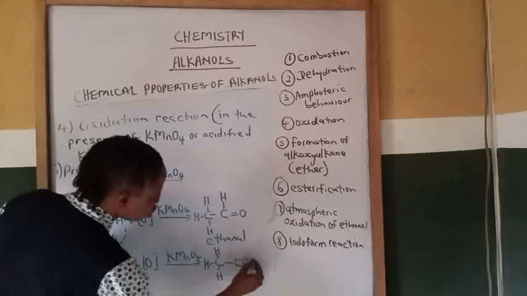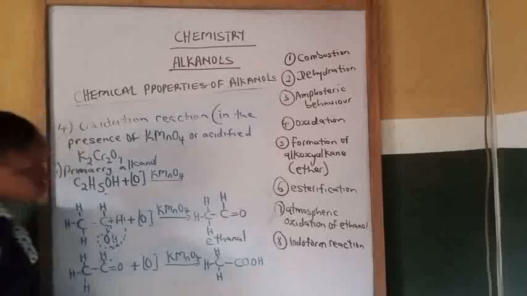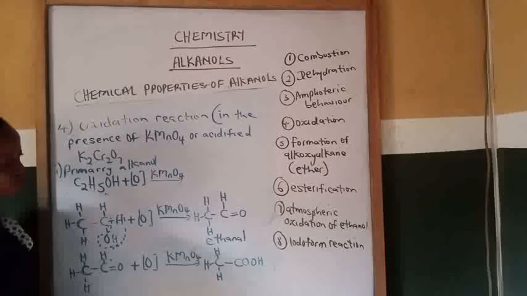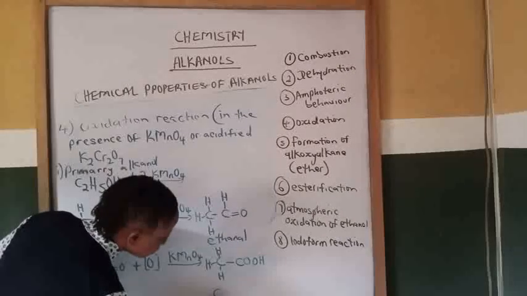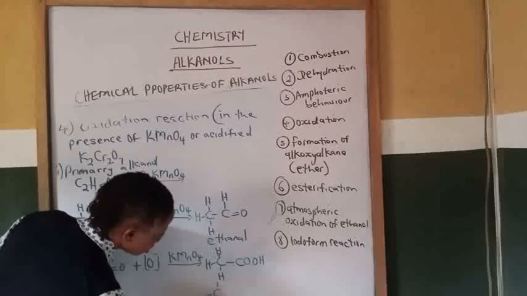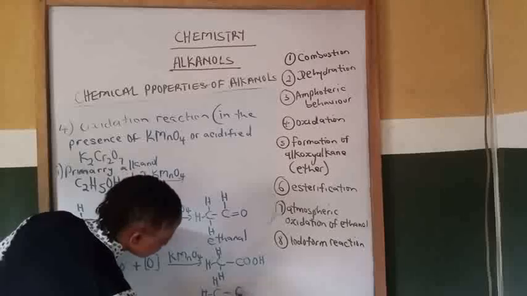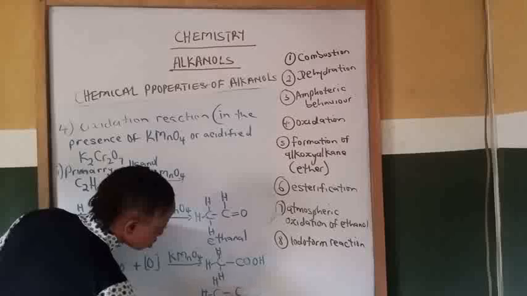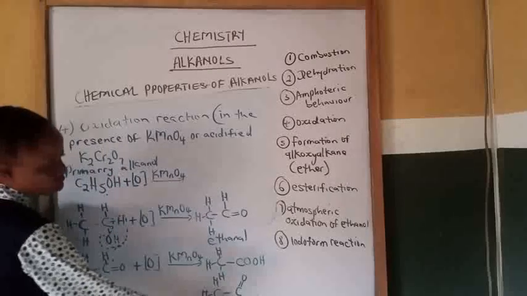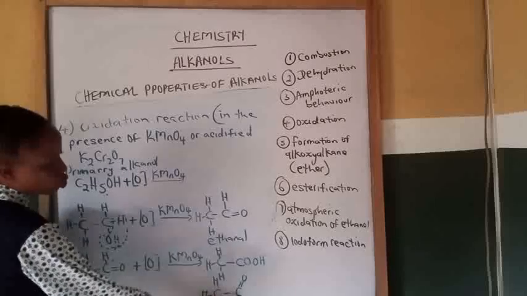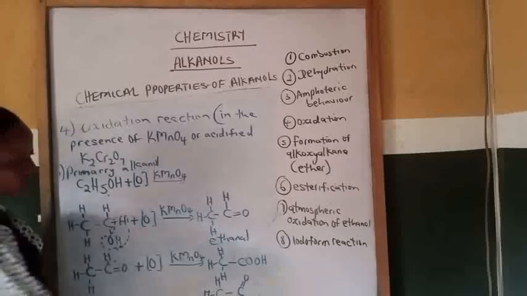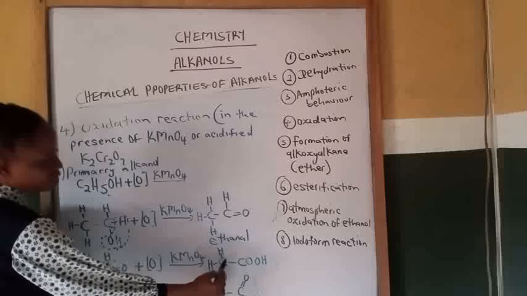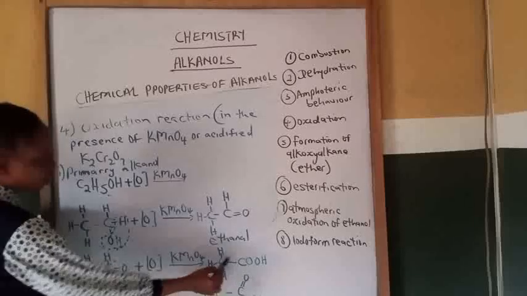So that will be COOH, which can also be written as CH3, C, O, H, and double bond. So this is the structural formula for the functional group of what? Of alkanoic acid. This is the structural formula. So you can write your product in this form or in this form.